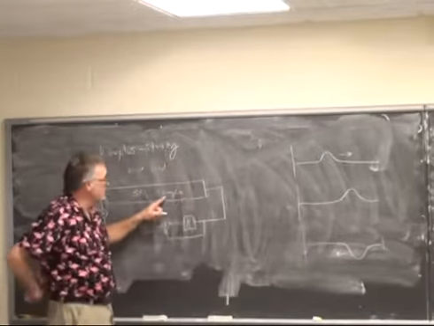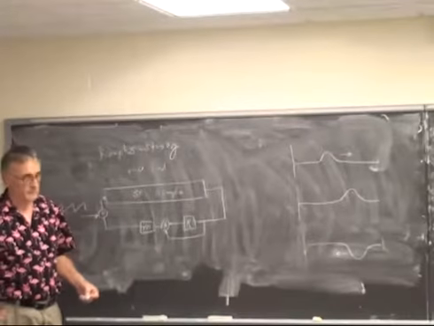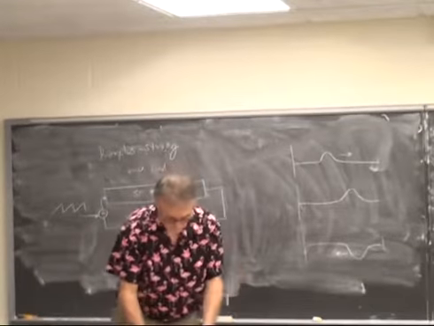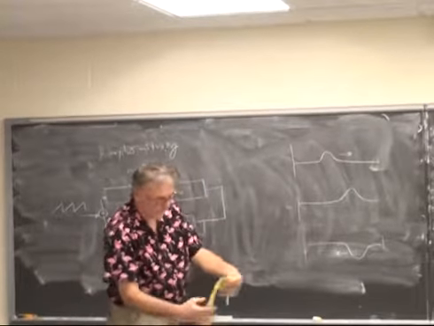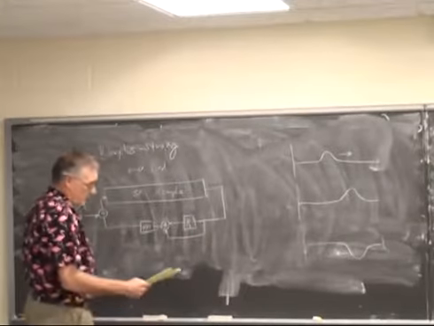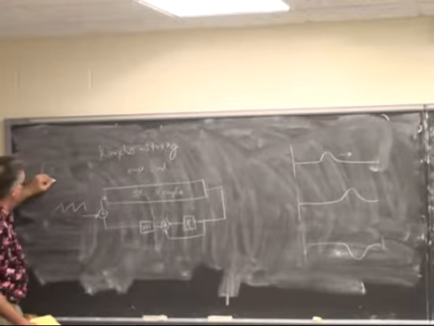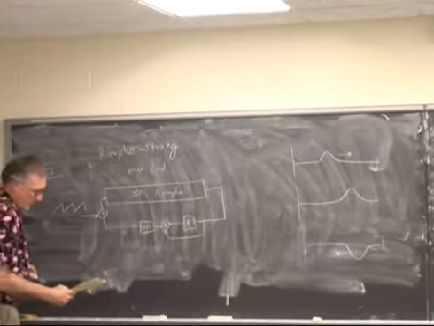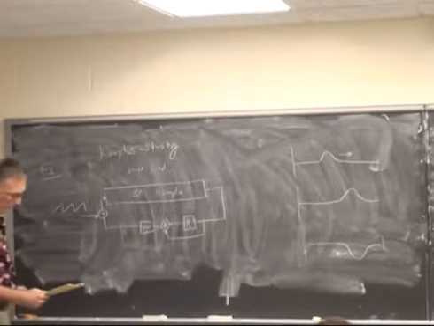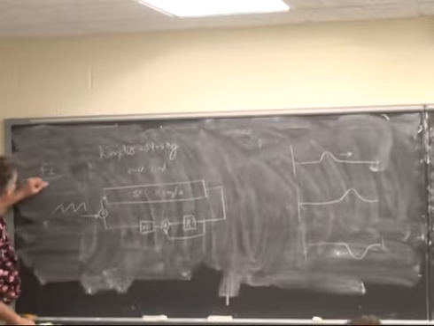The frequency you get out is proportional to 1 over the length of the shift register. So let's say we have some sample rate, Fs, and some frequency we want out, some F naught.